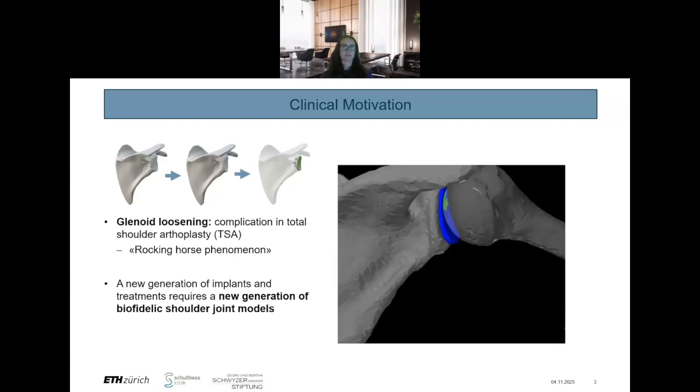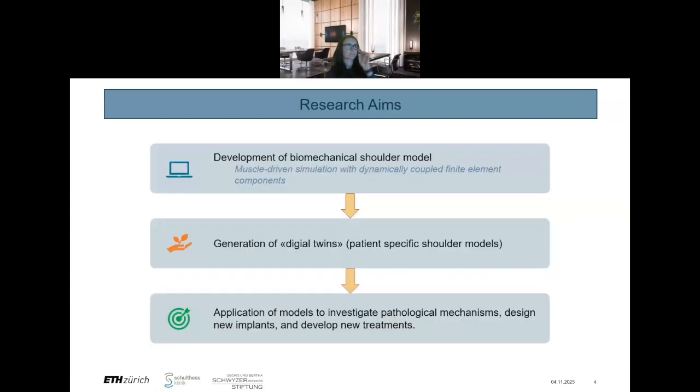This is just to give a clinical context for why we're so interested in making physiologically realistic biomechanical simulation models that take into account patient-specific anatomy. Although this talk specifically won't focus on implant development, it focuses more on the groundwork of understanding what the healthy glenohumeral joint looks like and how to implement this in the simulations.